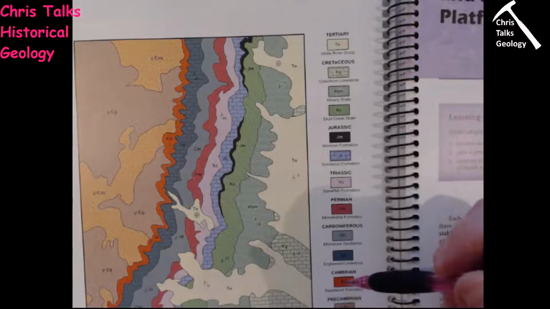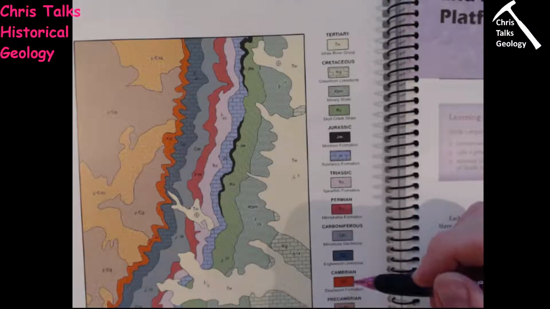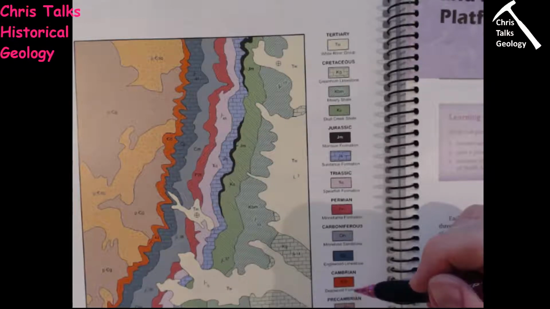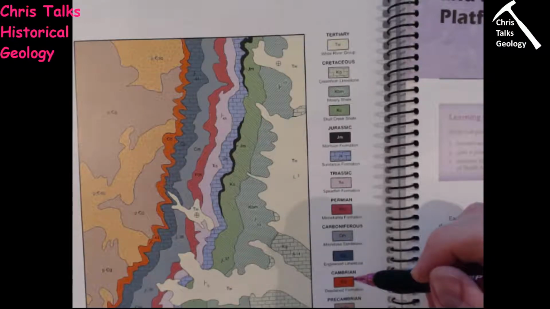When did the Cambrian finish? Well, this means that the Deadwood Formation could, in theory, have formed at the very last minute in the Cambrian. So, the starting point would be what is the date for the end of the Cambrian? It starts 541 million years ago, but when does it end?